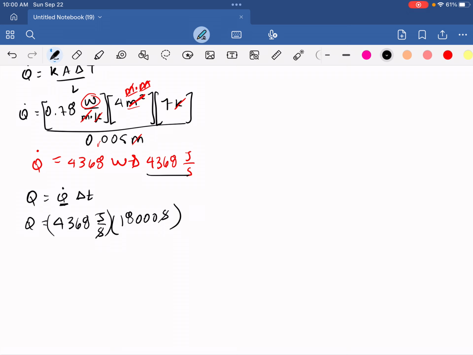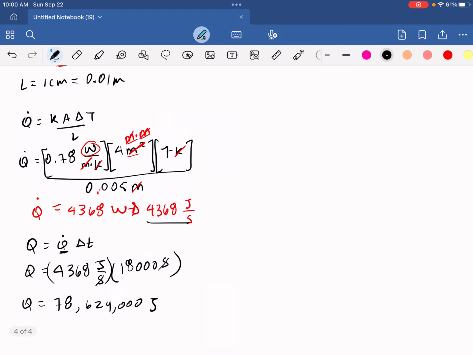My units cancel and I'm left with joules. We know the amount of energy transfer is going to be in joules, which is what we expect. When you do that, you end up with a really big number, 78,624,000 joules. And you can change it into uppercase MJ, but I'm not going to do that.